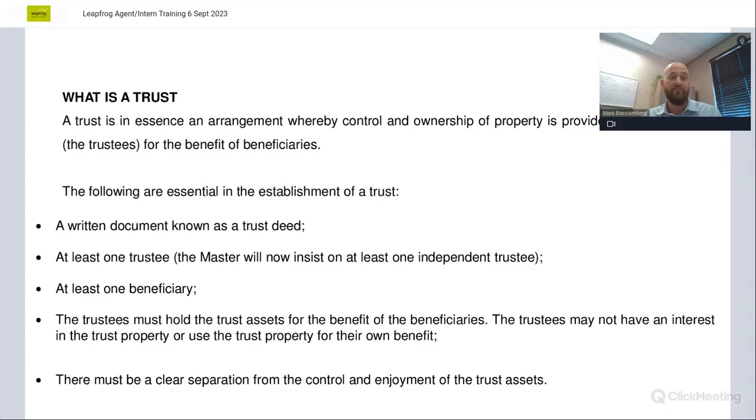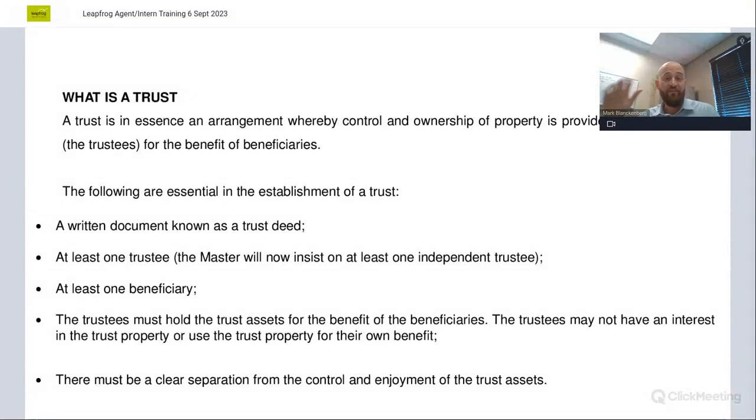But let's quickly have a very basic look at the founding blocks and essential parts of a trust. Guys, the most important document with your trust is your trust deed. The trust deed sets out what the trust is for, how it's going to be run, what the purpose is, and those kinds of aspects.